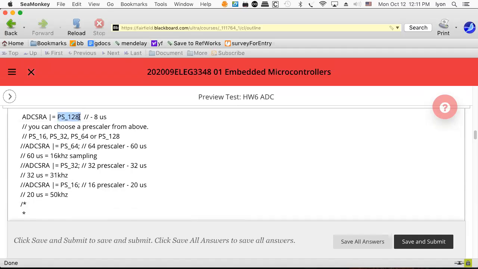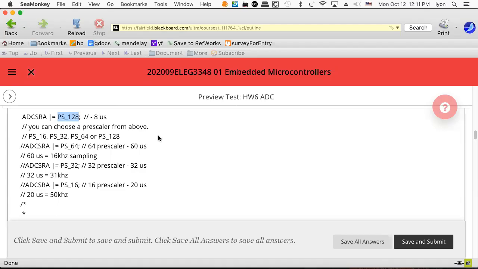So here's our 128 prescaler, right? And we'd like to know what is the sampling period. So we take our 16 megahertz, we divide through by 128, and we get 125 kilohertz.